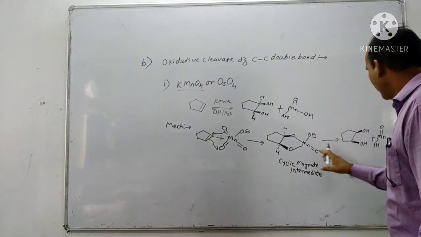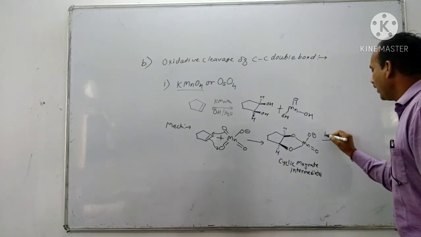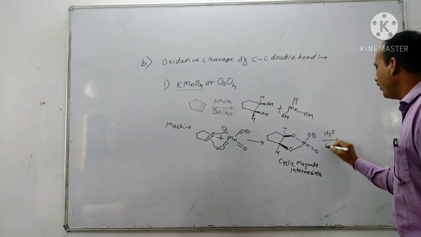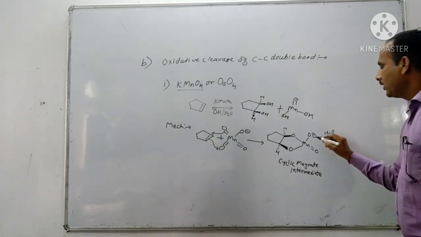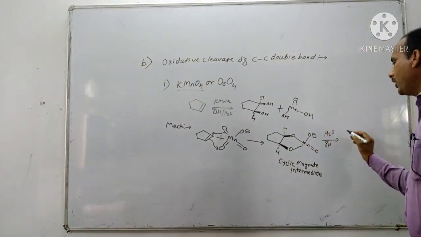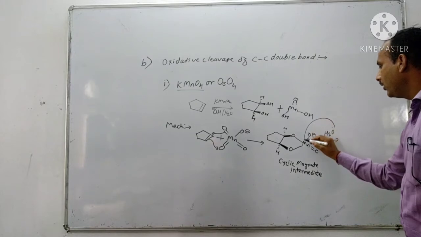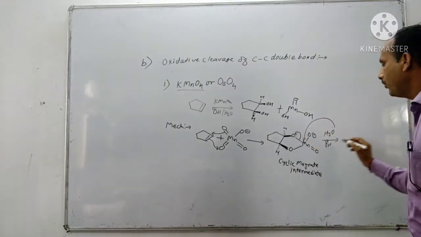Now let's see how this conversion takes place. Here the OH minus takes the proton from the water, and the water attacks on manganese, there is formation of O minus.